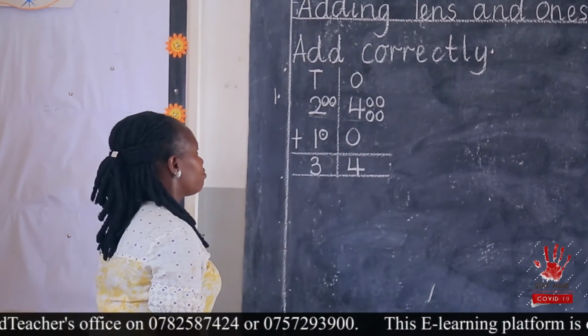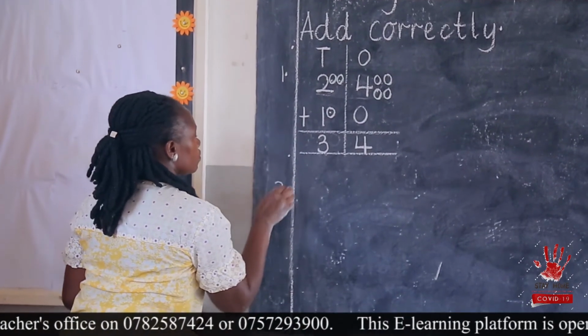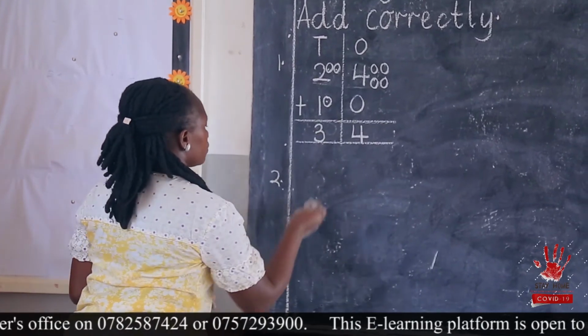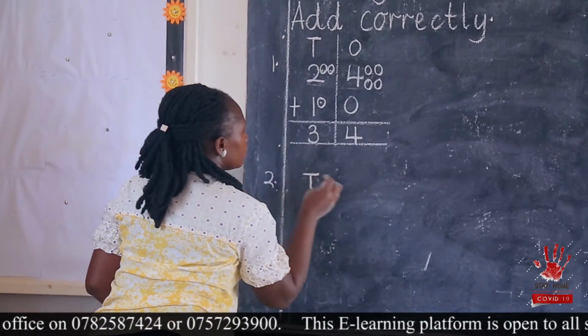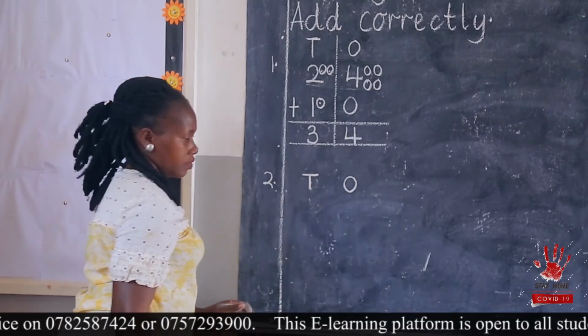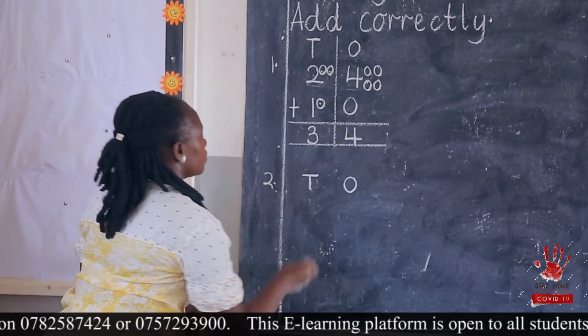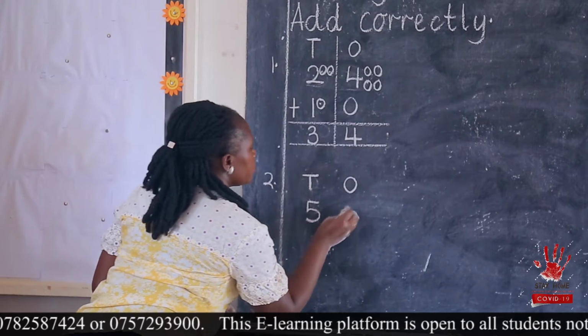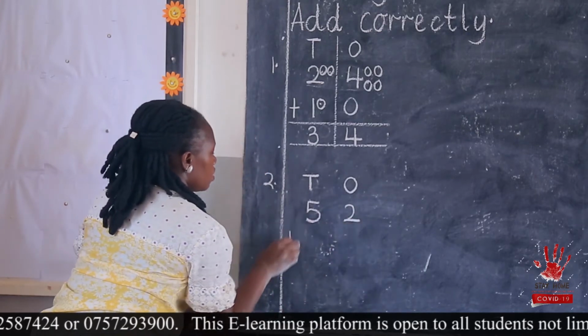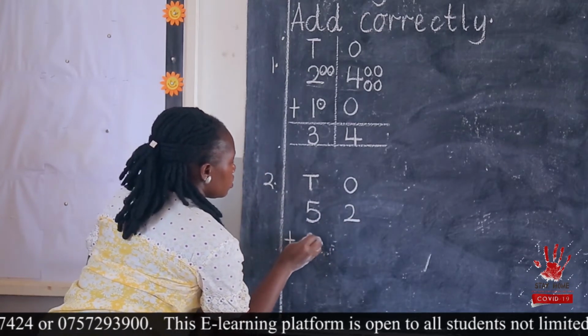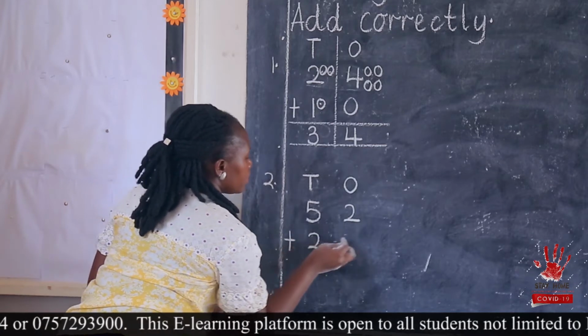Look at this other number. I have tens here and ones. I have 52 plus 23.